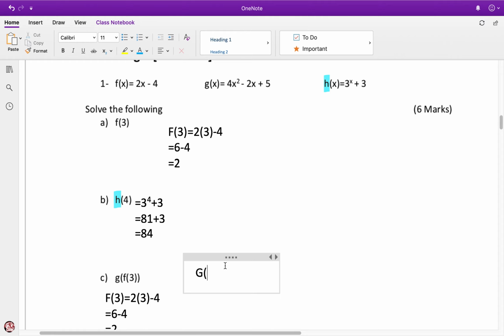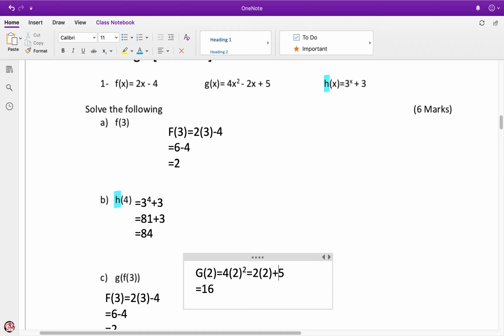So g of 2 is going to equal 4 times 2 squared minus 2 bracket 2 plus 5, which equals, well, 2 squared is 4, so that's going to equal 16.